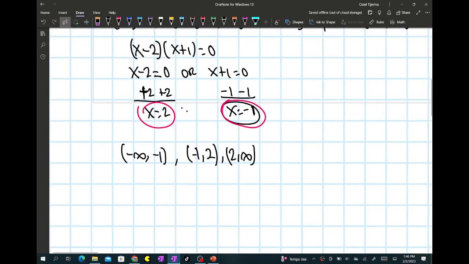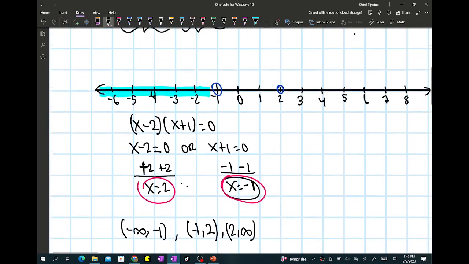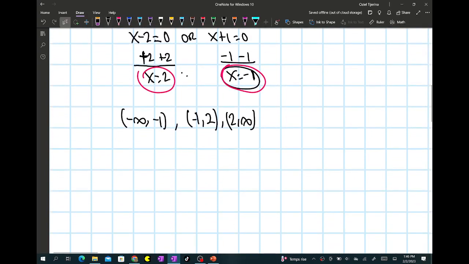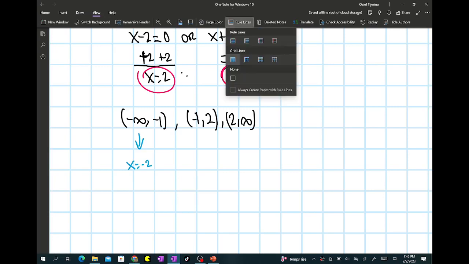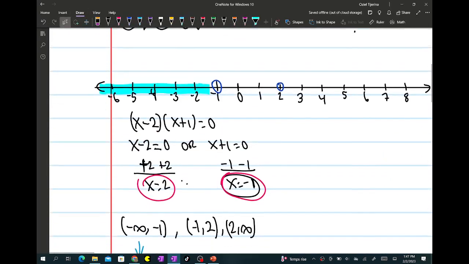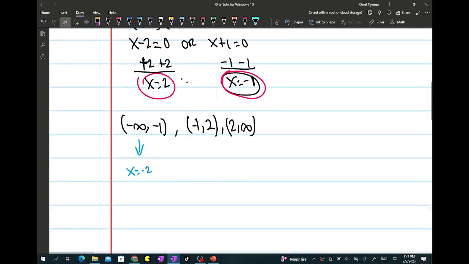From negative infinity to negative 1, let's pick x equals negative 2, right? So I'm going to test x equals negative 2.